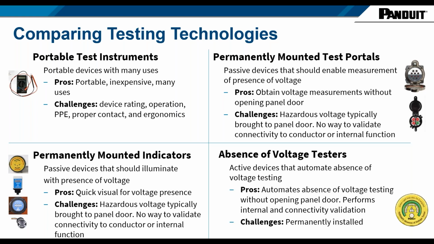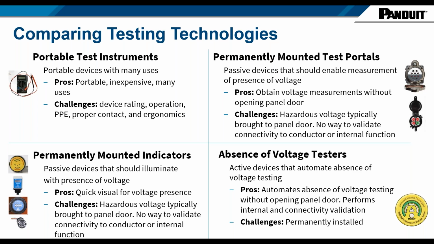And then finally, the last technology that's often brought up with absence of voltage testing, which is no shock, absence of voltage testers, per the name. This is the only device of these four that is an active device, and it is essentially an automation of that absence of voltage testing. So that's where a lot of the human error gets pulled out.